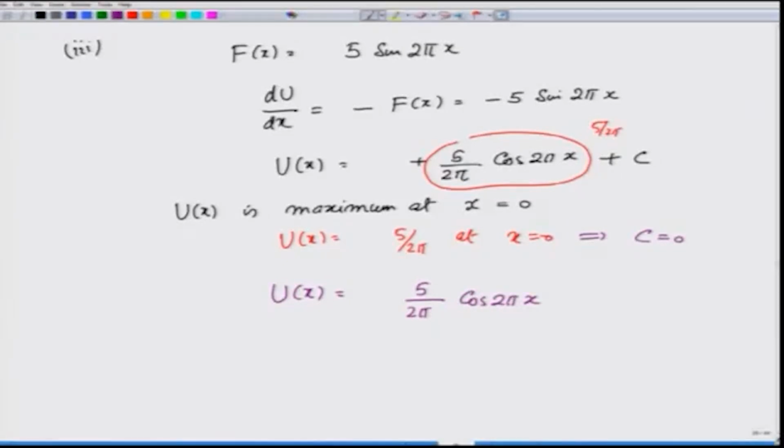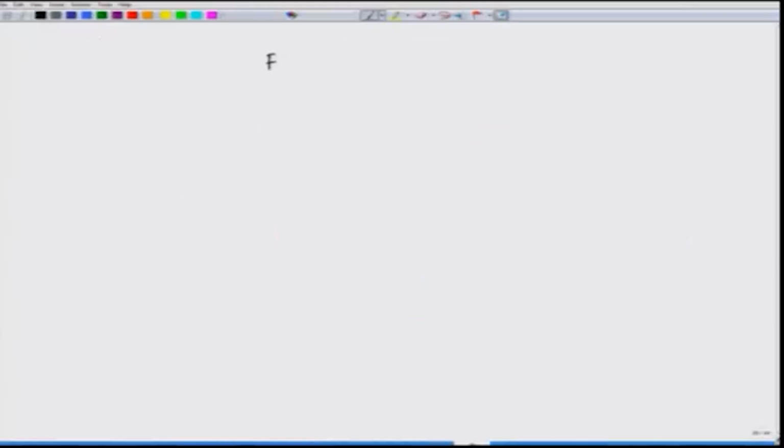Let us plot it. So, my force Fx is 5 sine 2 pi x and ux comes out to be 5 over 2 pi cosine of 2 pi x. Let us plot the force first.